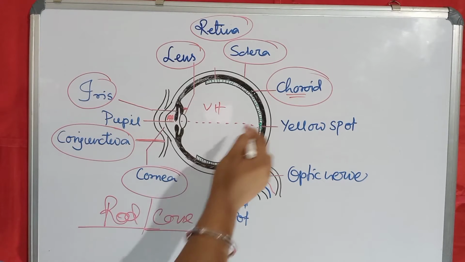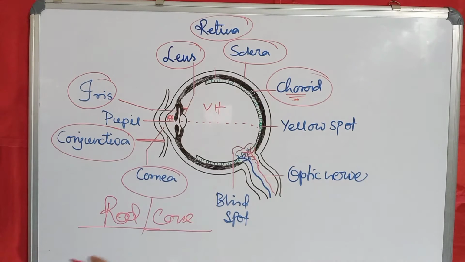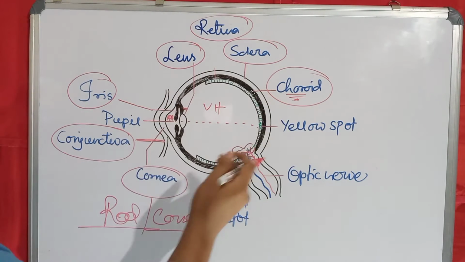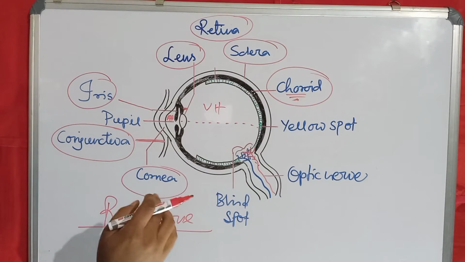The choroid forces the light not to flow away from the eyeball. That means it helps the retina to work properly.